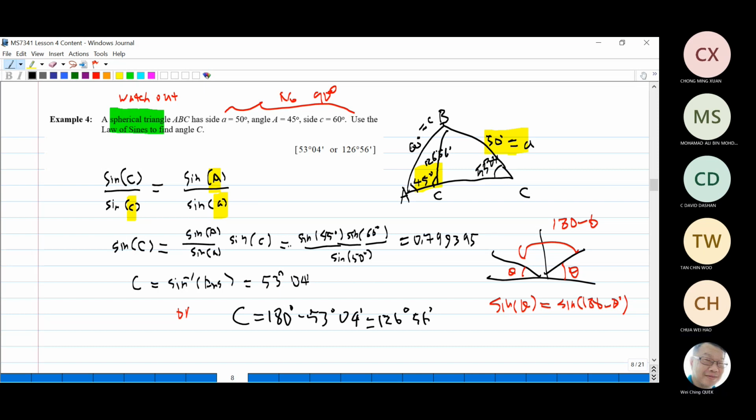That is why this answer is tricky. This is how you get the solution, and I will WhatsApp the solution to you.